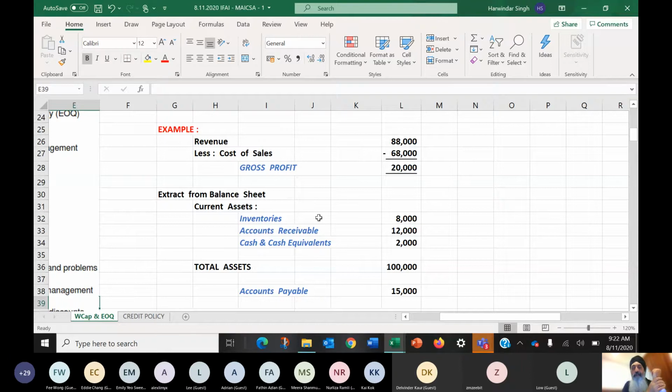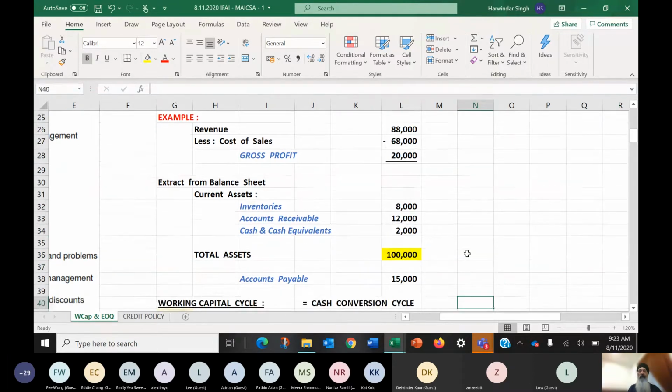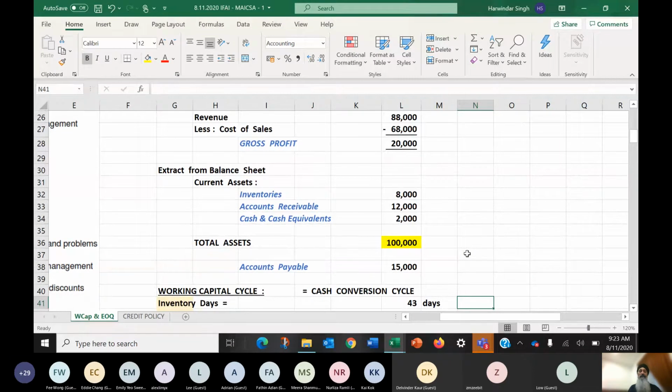And from the balance sheet we got inventories 8,000, accounts receivable 12, cash and cash equivalents 2, and total assets is 100,000. And then on the other side, financing, we have accounts payable 15,000.